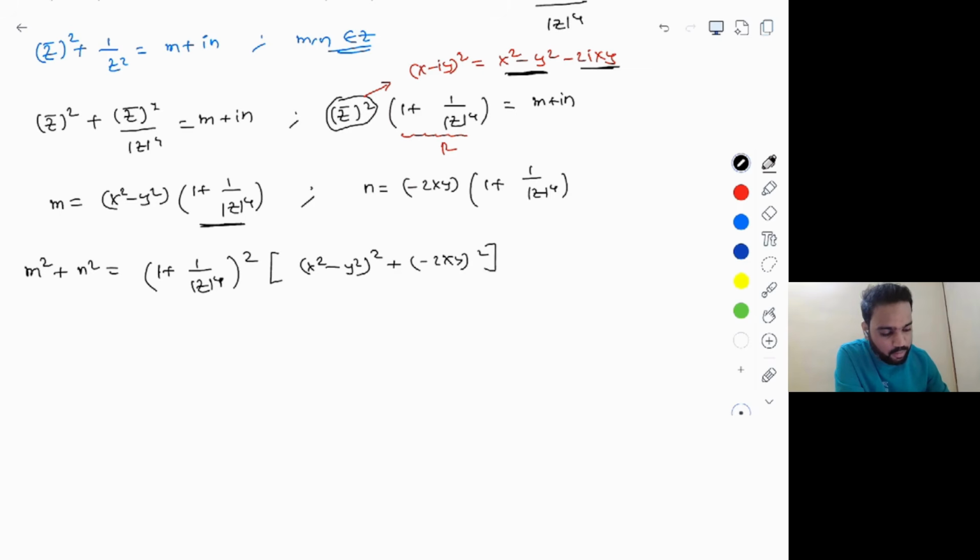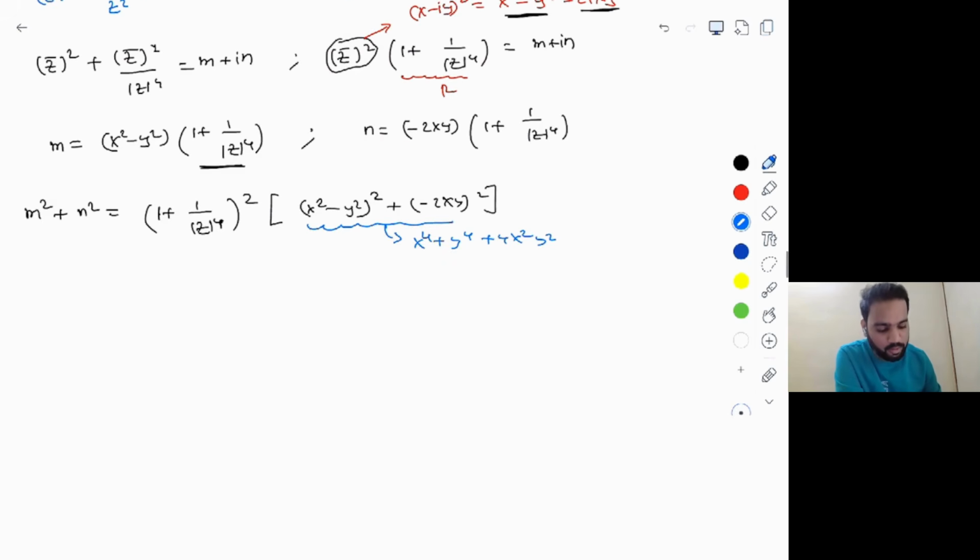Okay, but if we observe carefully, this one, x square minus y square whole square plus minus 2xy whole square, if you expand, what are you going to get there? X power 4 plus y power 4 minus 2x square y square plus 4x square y square. So which reduces to x power 4 plus y power 4 plus 2x square into y square, which is clearly a perfect square, right?